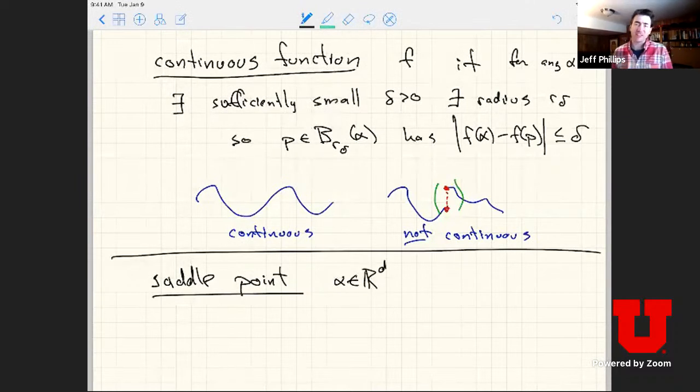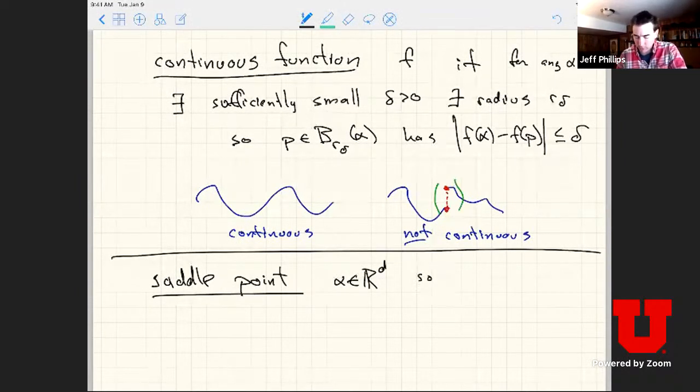You can define a saddle point in a different way when d equals 1, but these are usually called an inflection point instead. That's similar, but not really what we want for talking about high dimensions. And there's a way to define this with gradients, and we can maybe mention that later once I define gradients.